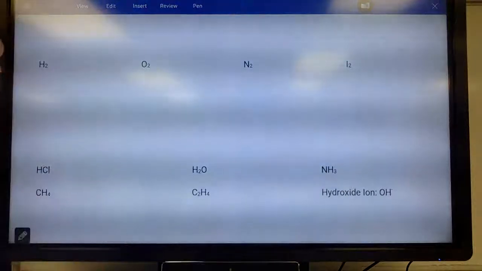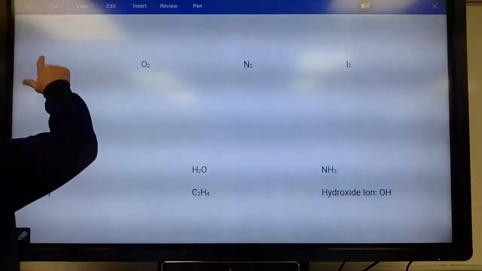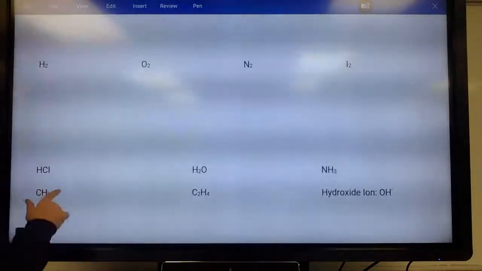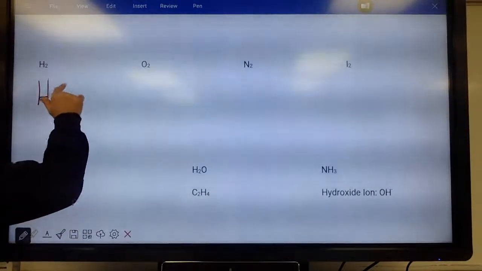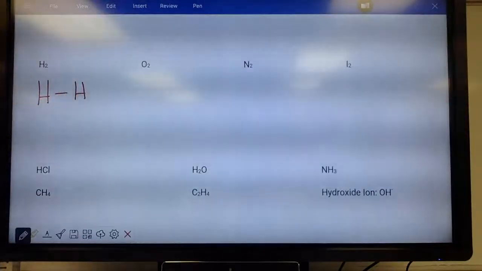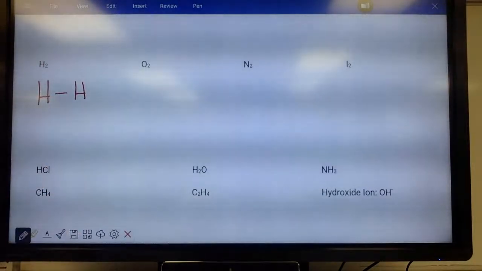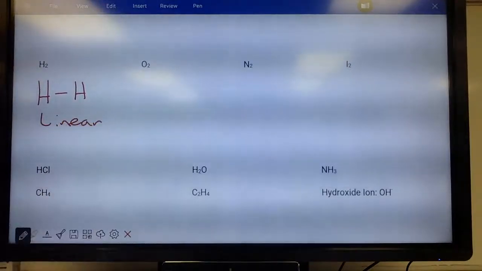If we were doing hydrogen, it's got one valence electron per hydrogen, so 2 total. That's all I can have in my diagram. Well, there's 2 electrons in the bond, so I put 2 in there. That's all I'm going to do. Molecular geometry and electron geometry, both linear.